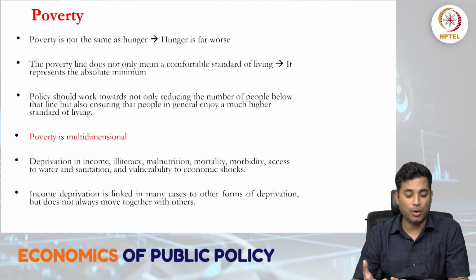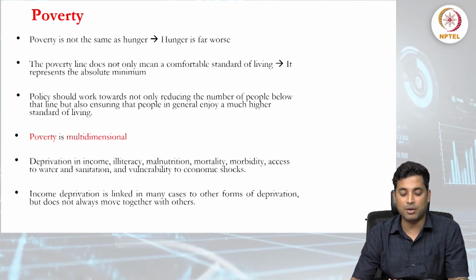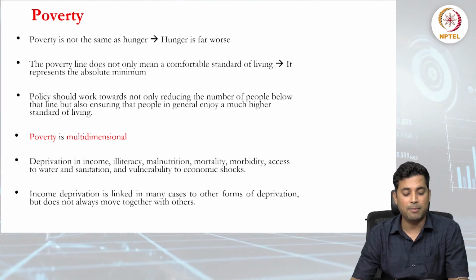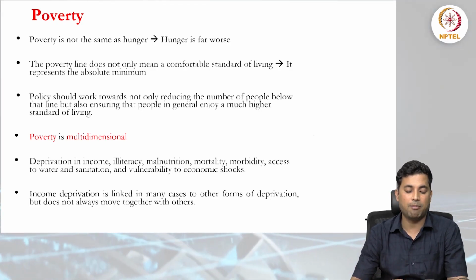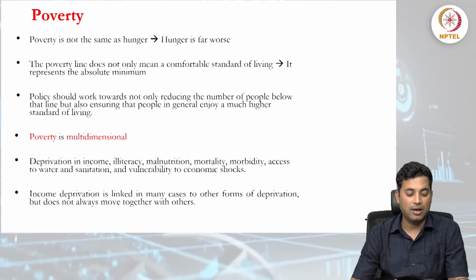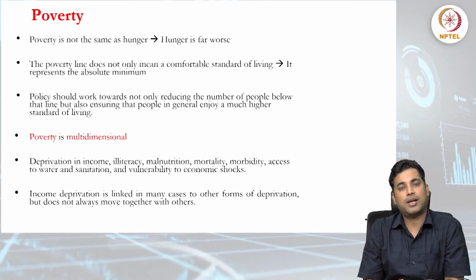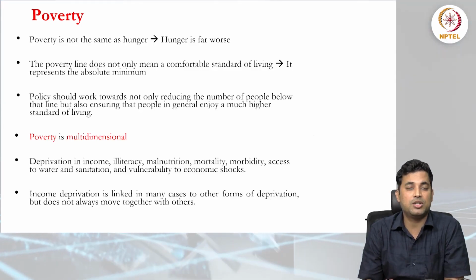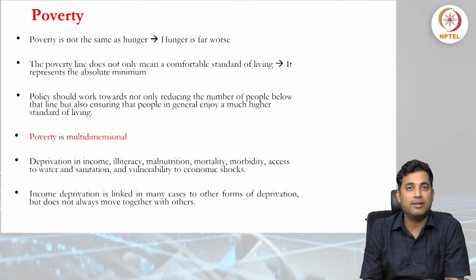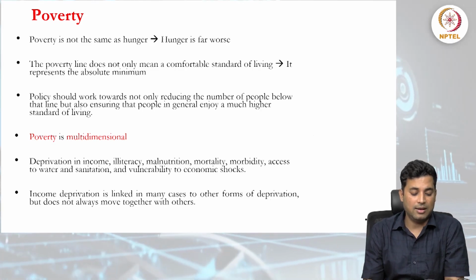So policy should work towards not only reducing the number of people below the line, but also ensuring that people in general enjoy a much higher standard of living. And one should not think that poverty is unidirectional or unidimensional. Poverty is multidimensional. That we'll discuss in this class.